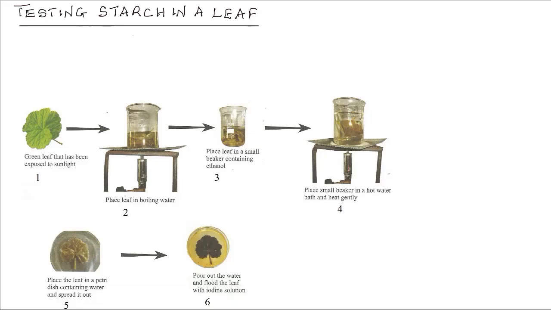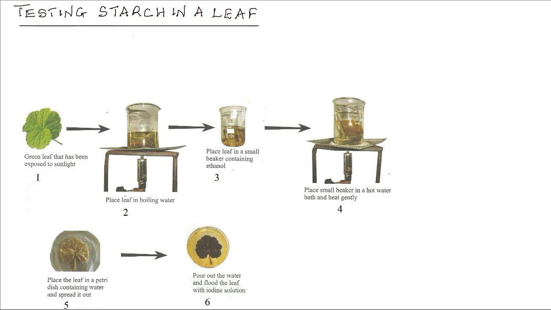Hello and welcome. In this lesson, we want to show that photosynthesis has occurred in a plant. Now, one of the most convenient ways to show that photosynthesis has taken place is to test for the presence of starch in a leaf. Why starch?